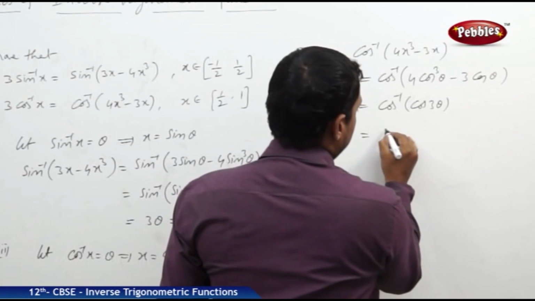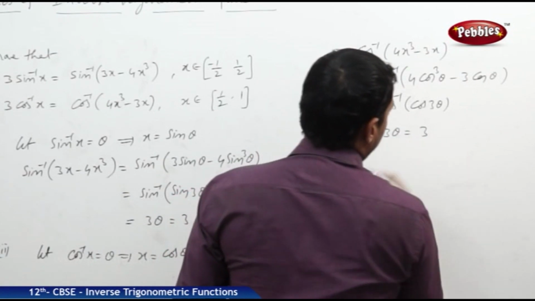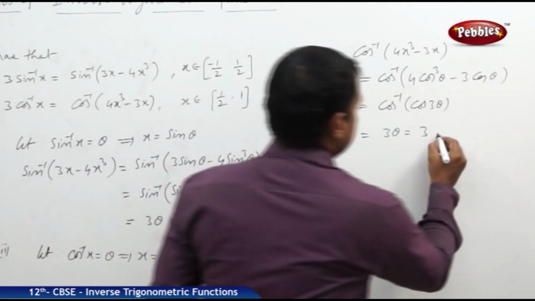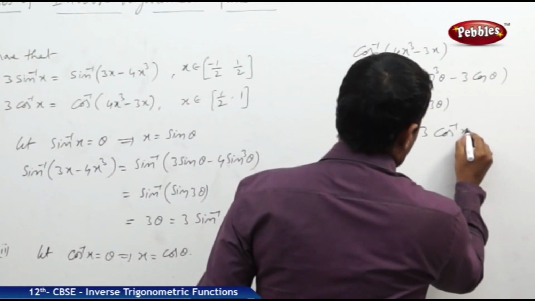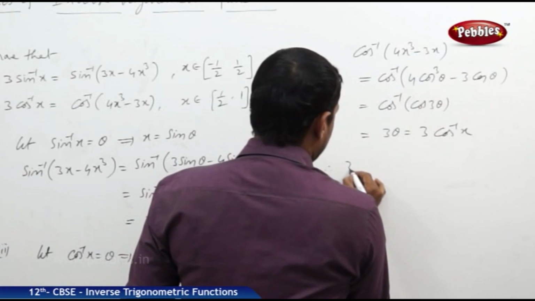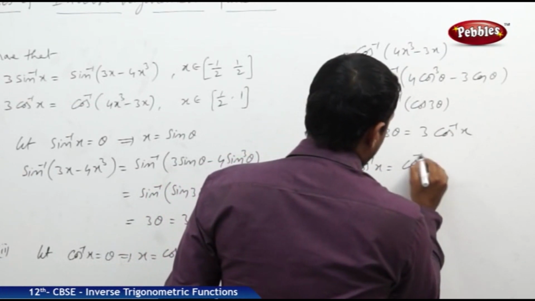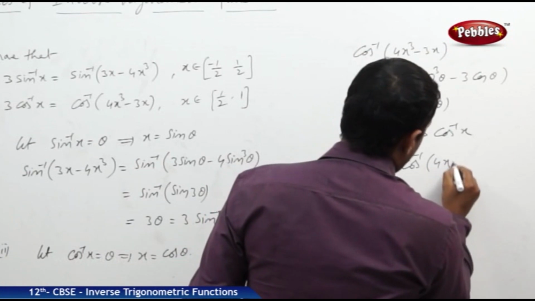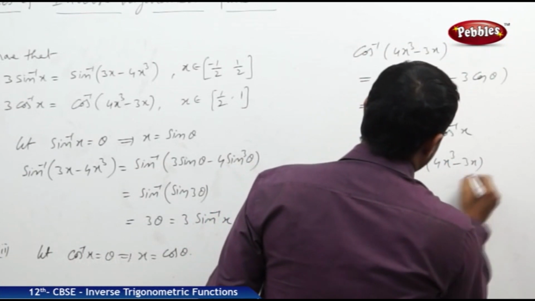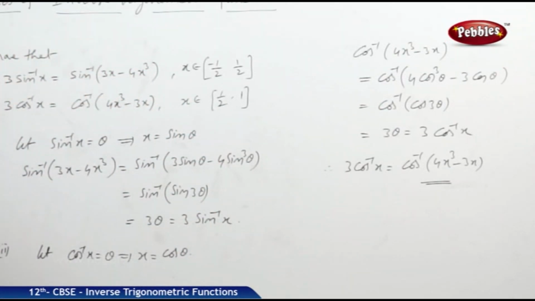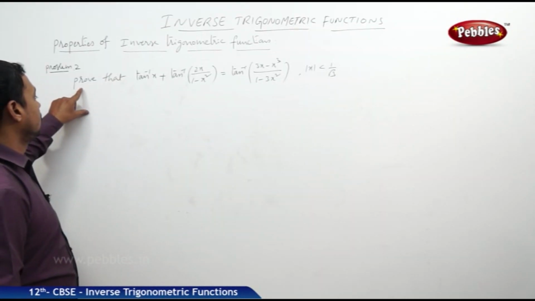Cos inverse of cos 3 theta is equal to 3 theta, where theta is equal to cos inverse x. Therefore, 3 cos inverse x is equal to cos inverse of 4x cube minus 3x for x belongs to 1 by 2 to 1.